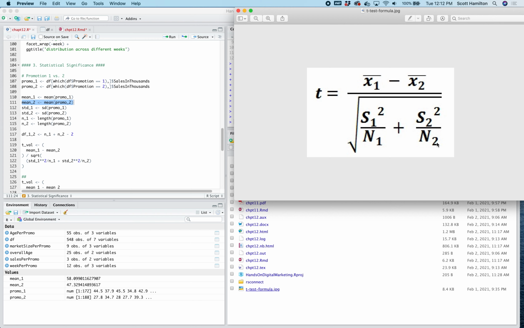Clear as mud? All right, that's what we're working with here, and it's a way to get at whether or not this sample is representative of the whole population as far as means go.